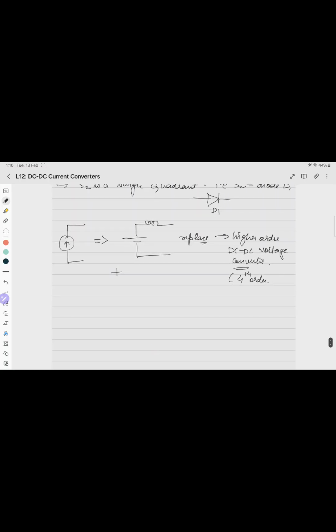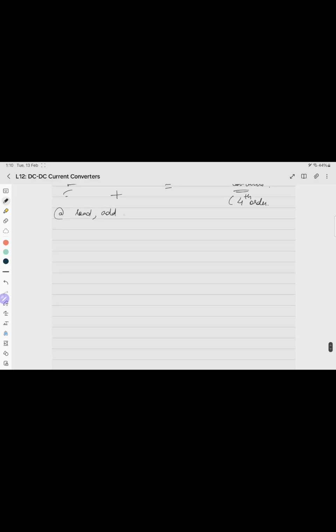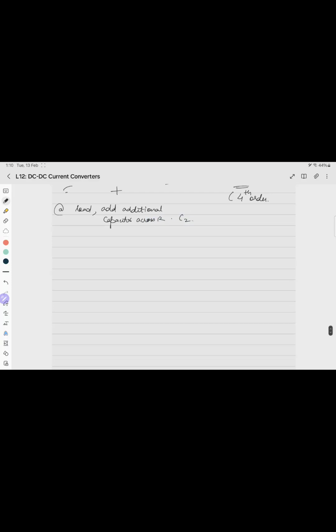Because you have to replace this with this, and at the load add an additional capacitor across R, that is C2.